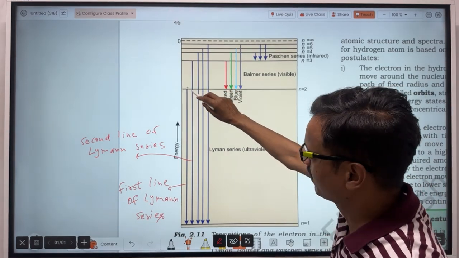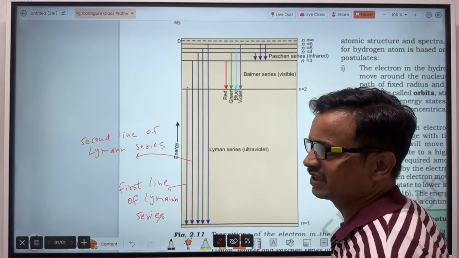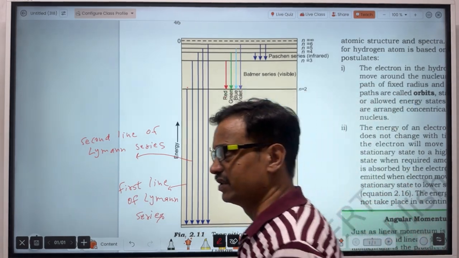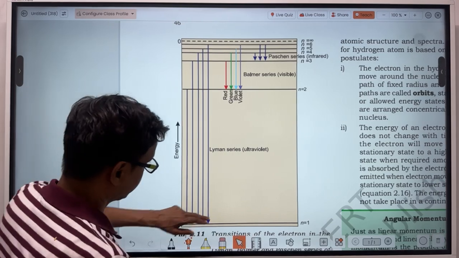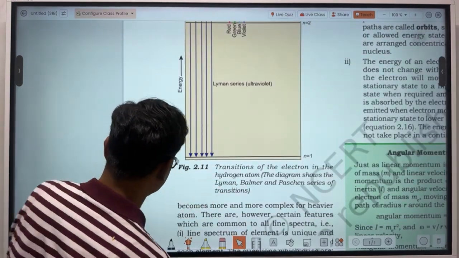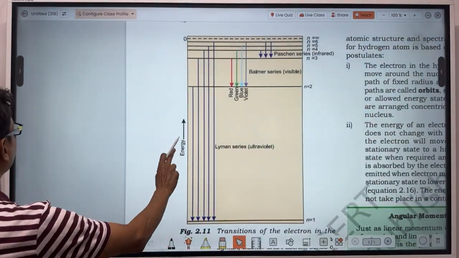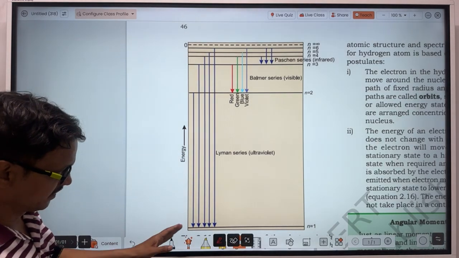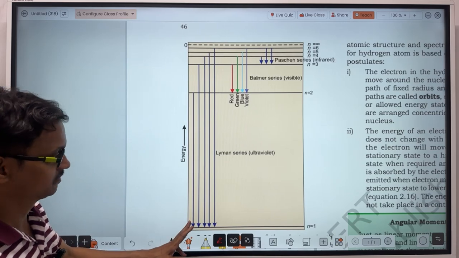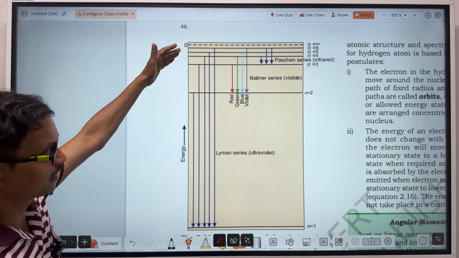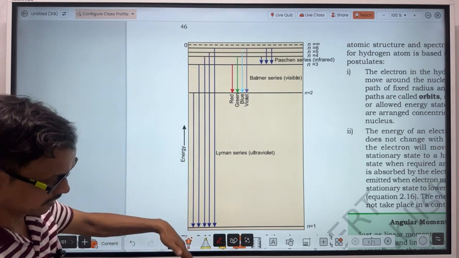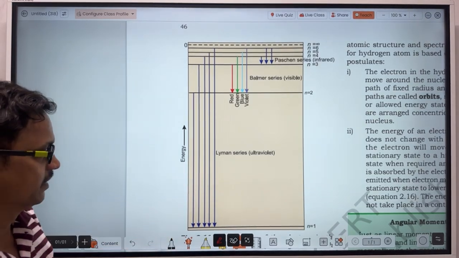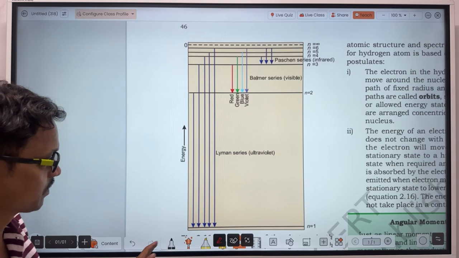So when the electron falls from n equal to 2, n equal to 3, or n equal to 4 to n equal to 1, in short you may keep in mind that when the electron falls into n equal to 1, the first shell, from any energy level, that will be the Lyman series.